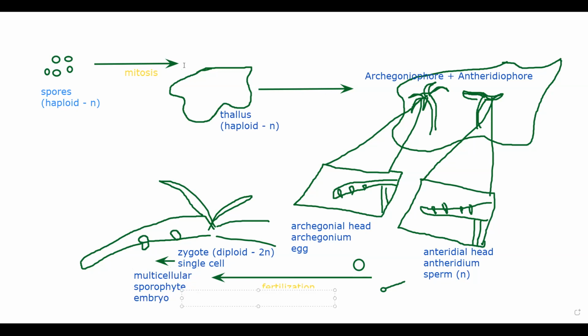And it's diploid. And this is going to keep growing through mitosis until the spore mother cells go through a stage of meiosis, and meiosis is going to reduce our ploidy to haploid.